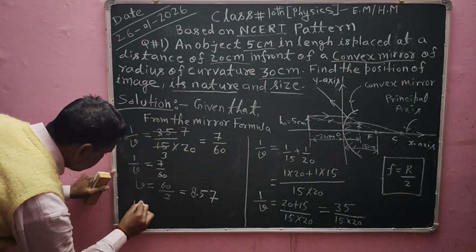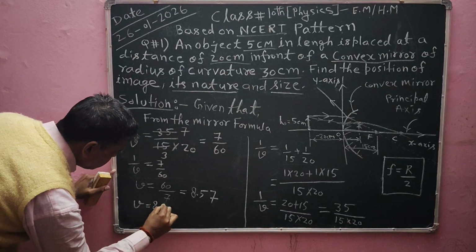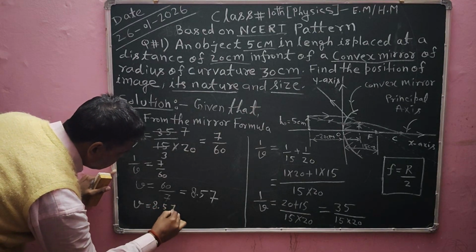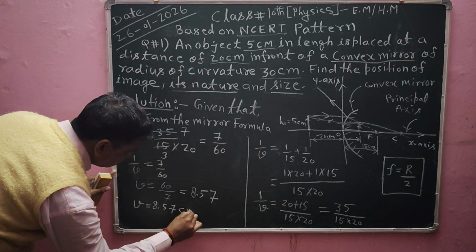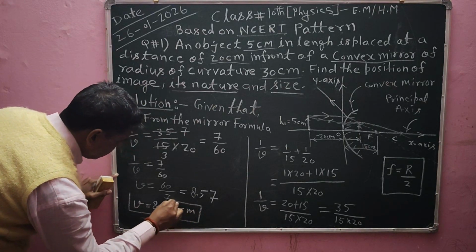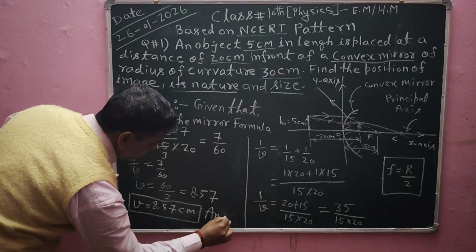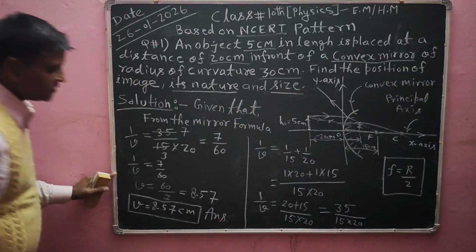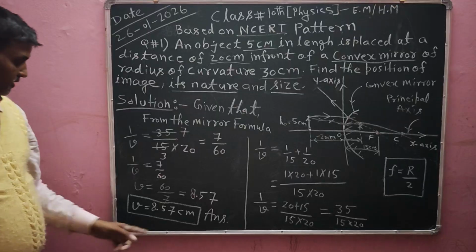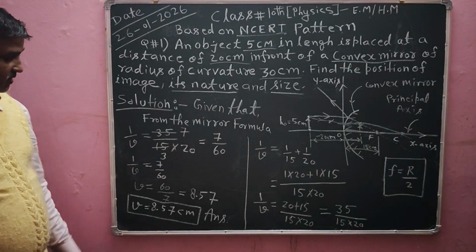So the value of v I have got here is 8.57 centimeter. This is the answer, one answer. This is the position of the image. This is the position of the image I have got here.